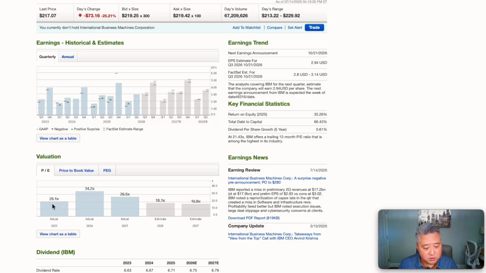Historically, in 2023, it performed at a PE of around 20.1, jumping all the way up to 34, then 26, and it relatively goes back down. So I would say in 2024, it was kind of expensive. Even in 2025, a 26.5 PE ratio seems a little expensive for IBM.